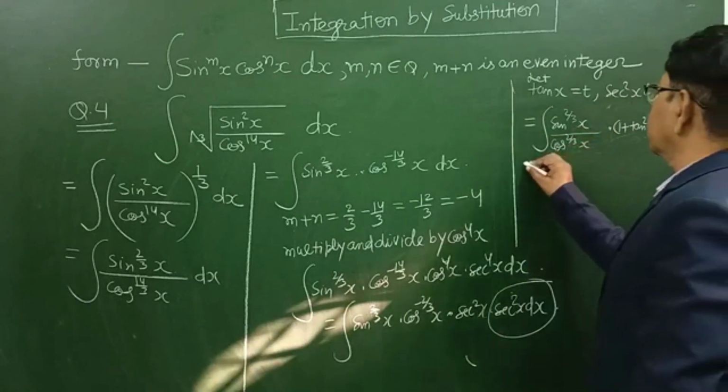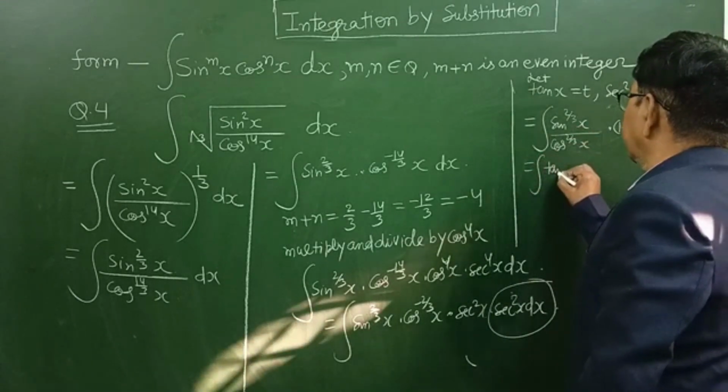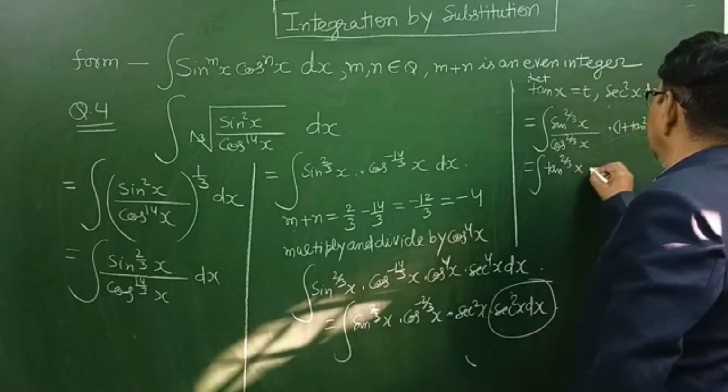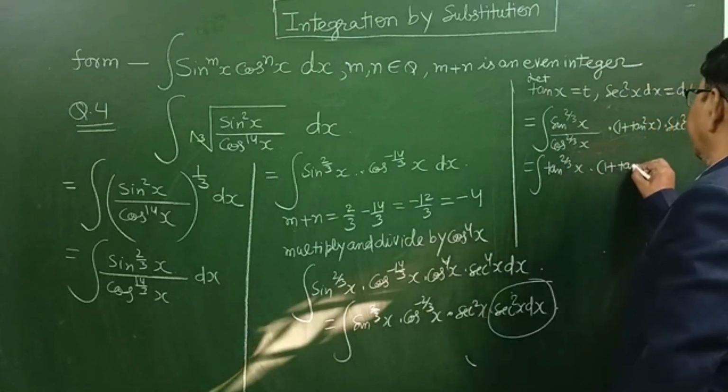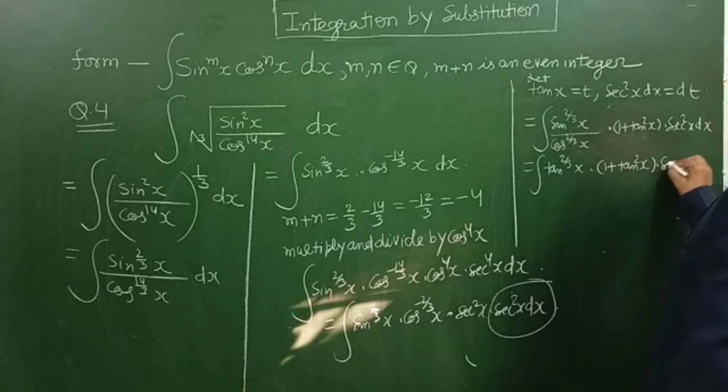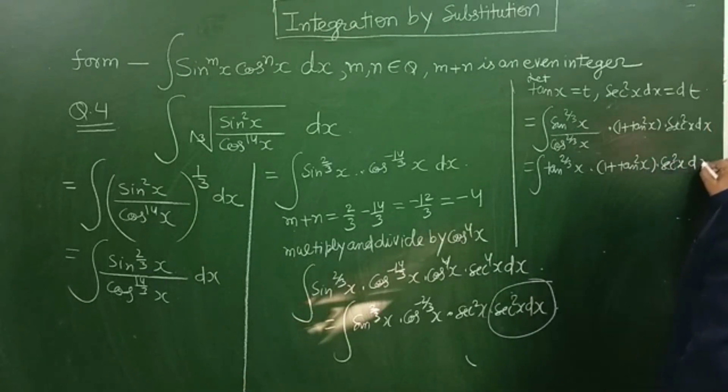Now this is tan^(2/3) x into 1 plus tan square x into sec square x dx.